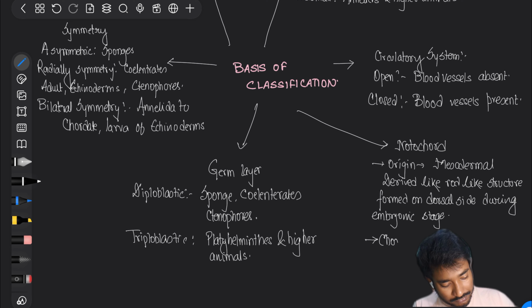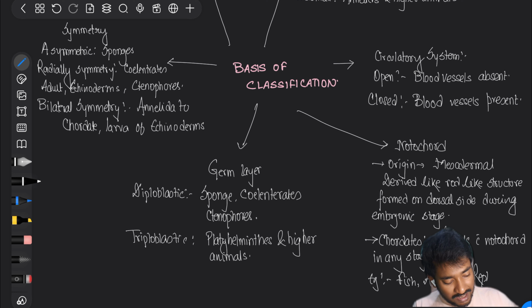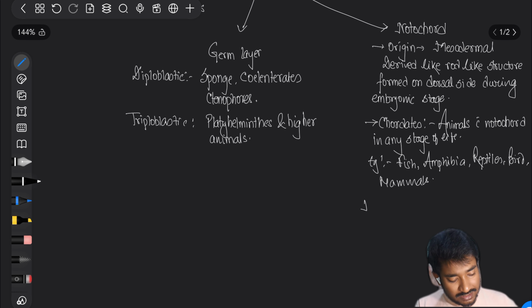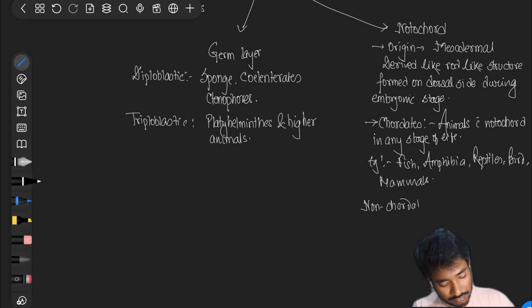In the case of chordates, animals have a notochord at some stage of life. Examples: fish, amphibia, reptiles, birds, mammals. And non-chordates are Porifera to Hemichordata.